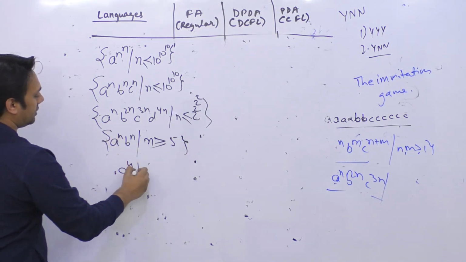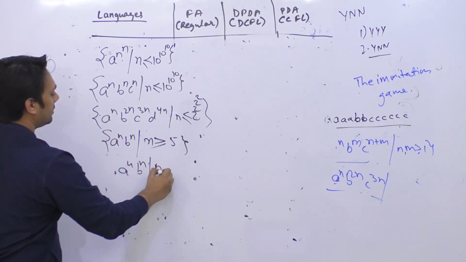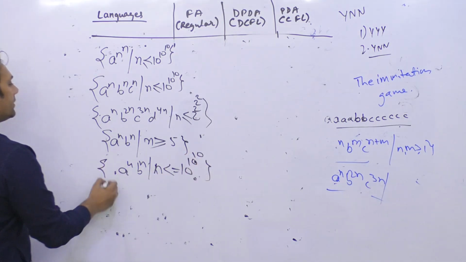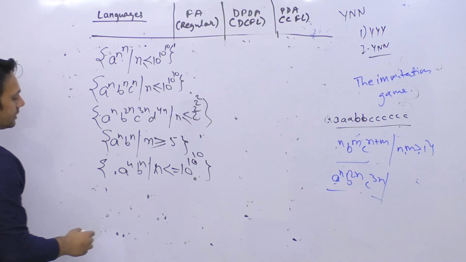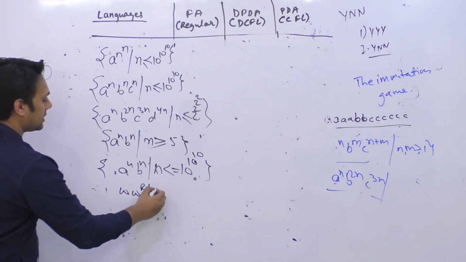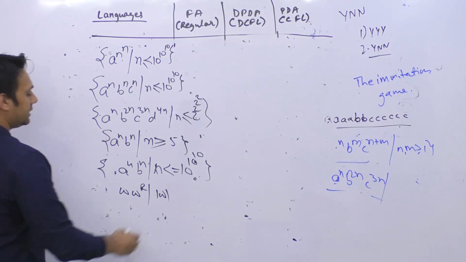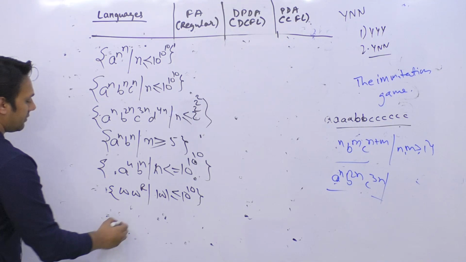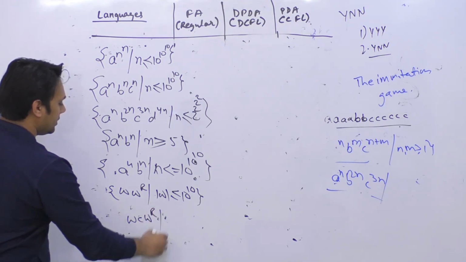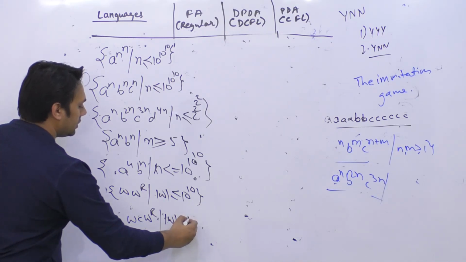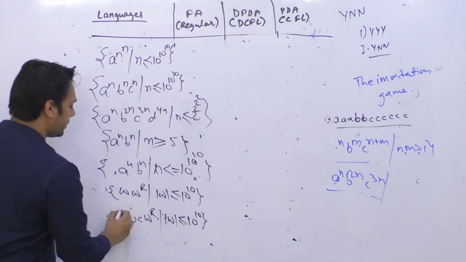But also a^n b^n such that n is less than or equal to 10^10^10. Then w w^R such that the length of w is less than or equal to 10^10, and w c w^R such that the length of w is less than or equal to 10^10.